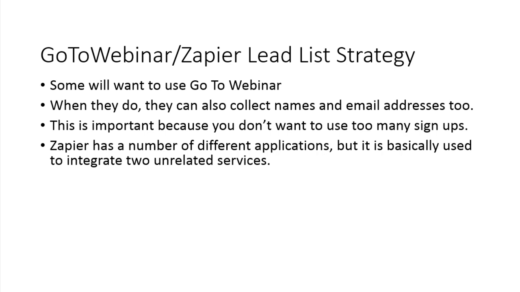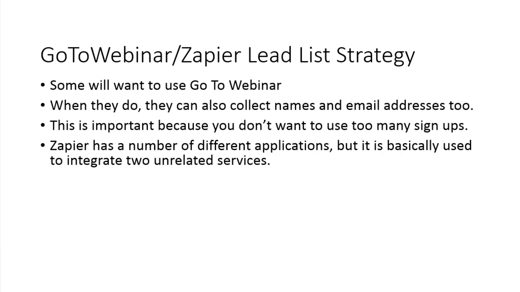What we're going to do in order to help this situation is to use a service provider called Zapier, Zapier.com, and I'm going to show you that here in a minute. Zapier has a number of different applications, but it's basically used to integrate two unrelated services.